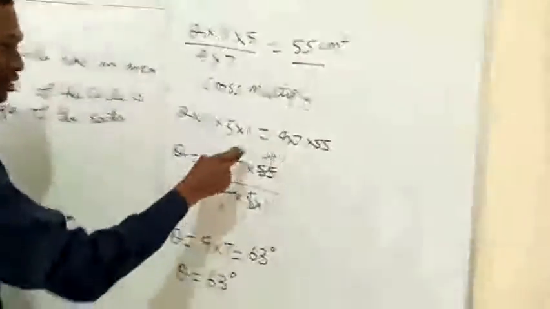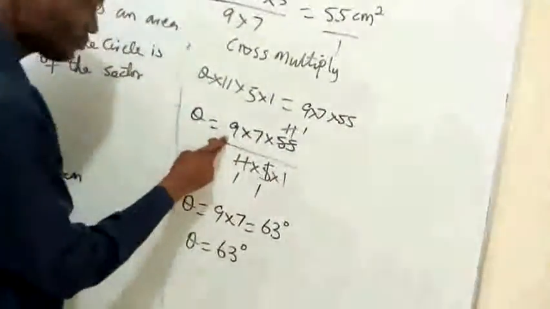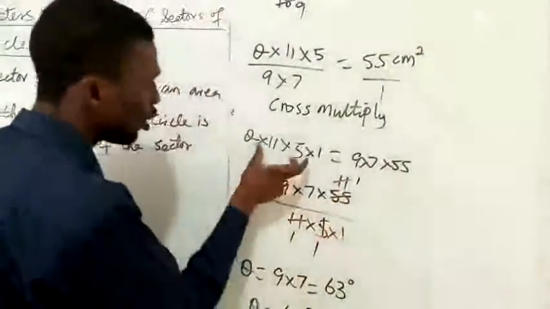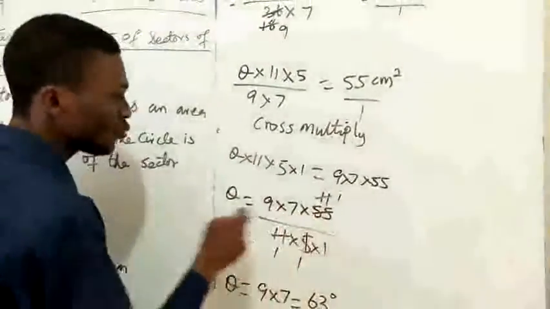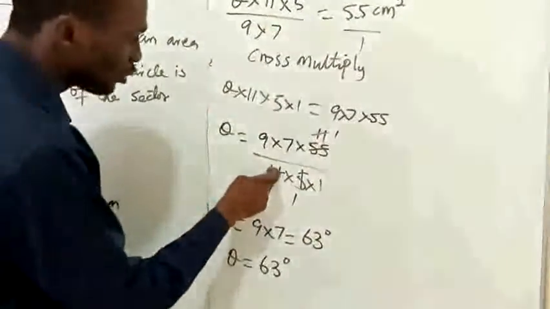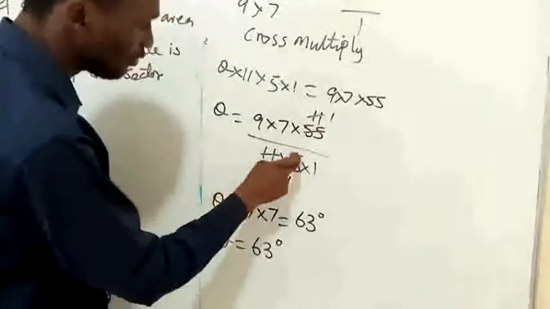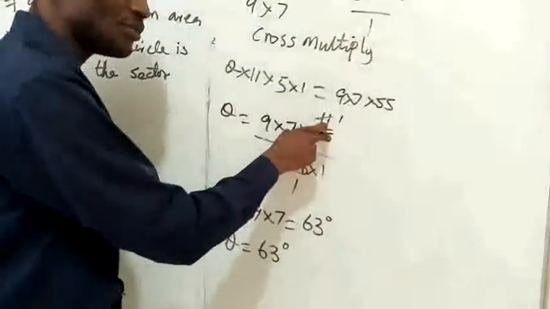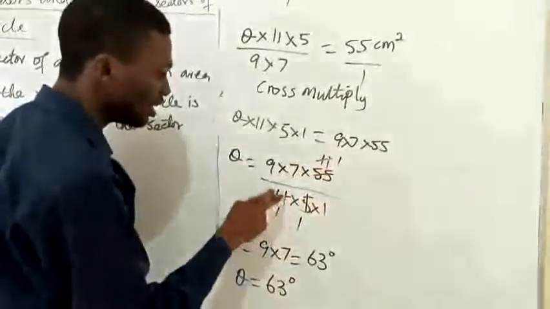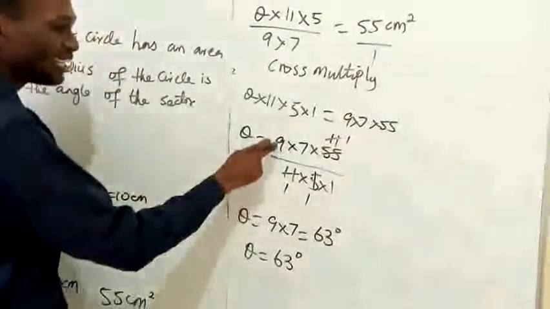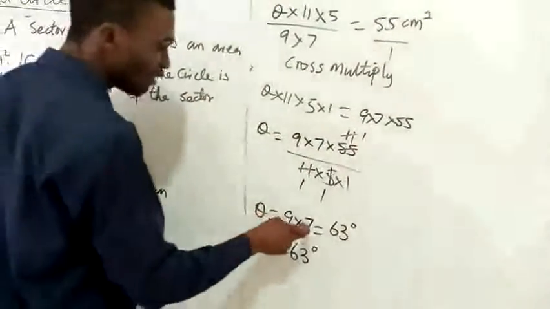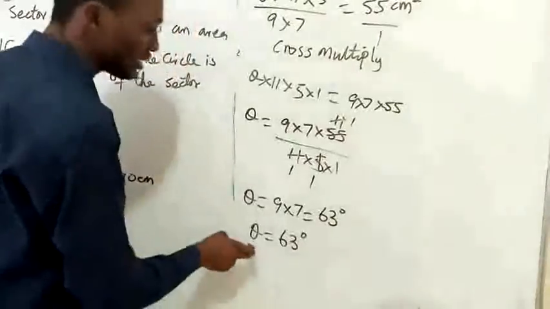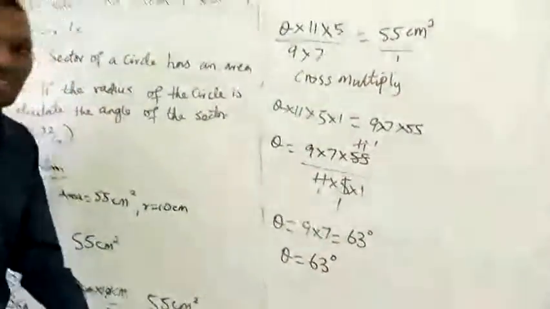So theta will be 9 times 7 times 55 all over 11 times 5 times 1. 5 into itself is 1, 5 into 55 is 11, 11 into 11 is one time. So we are left with 9 times 7. So 9 times 7 is 63, meaning our theta is 63 degrees.